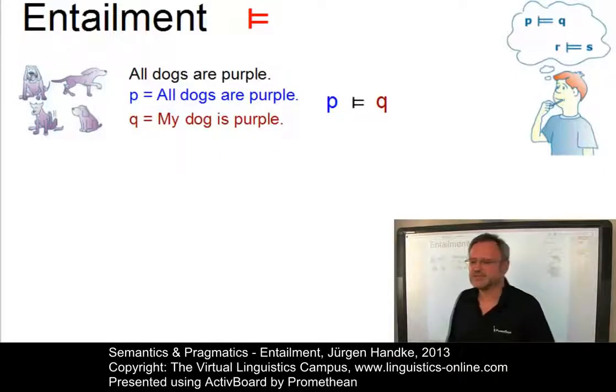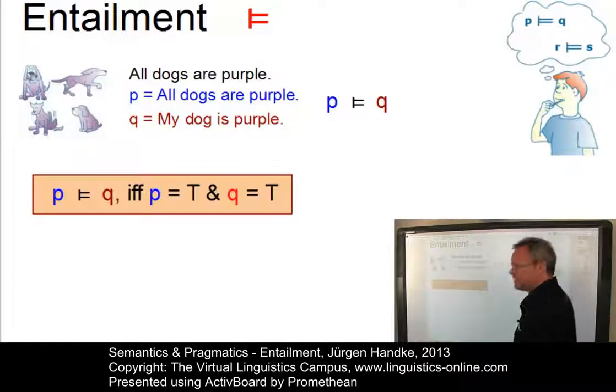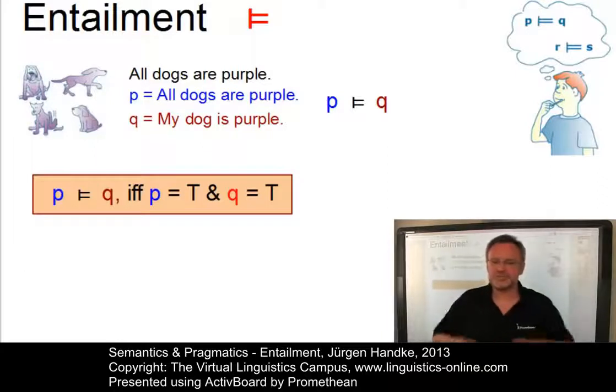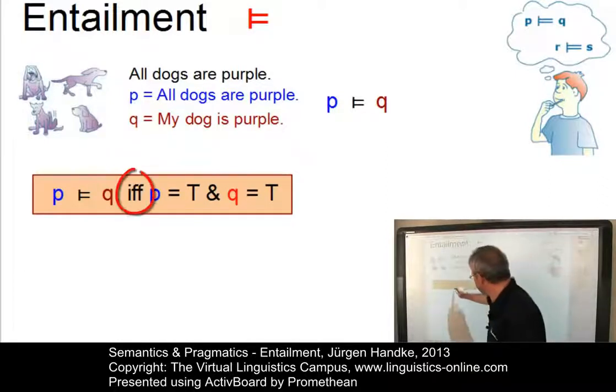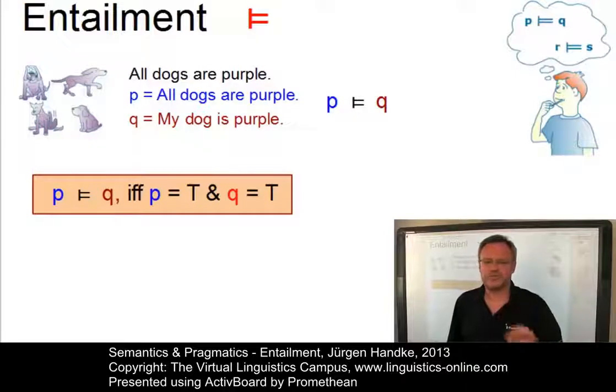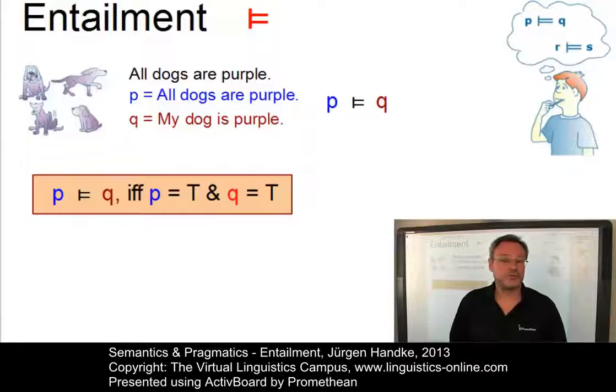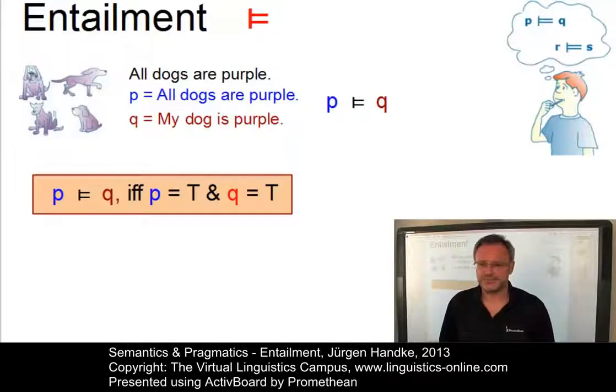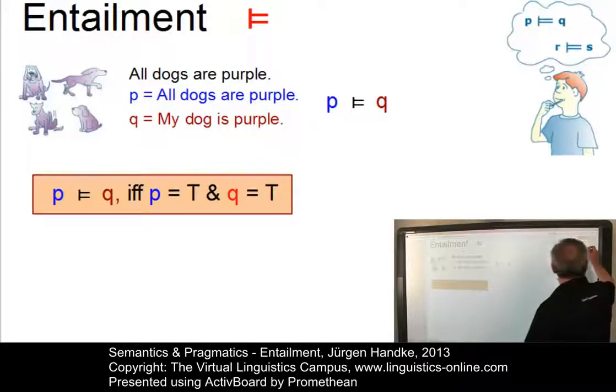So entailment is a semantic relationship between two propositions such that if and only if, spelled with two F's, if and only if P is true, then Q is true too. Well, and this opens the door for an entailment test. So let's see how entailments can be tested.